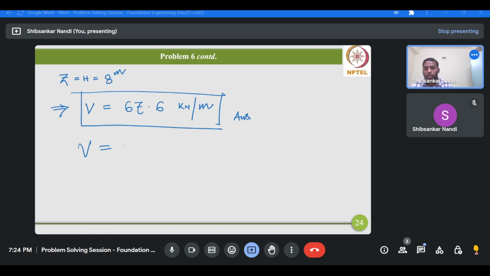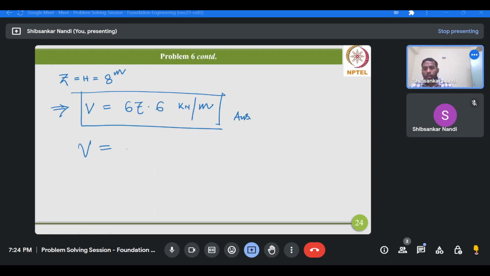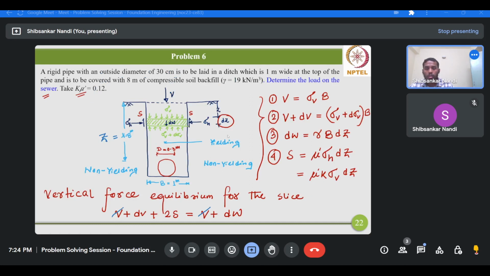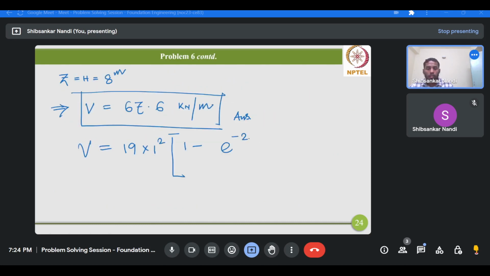If you substitute, the gamma value is given as 19, then b is 1, square, 1 minus e to the power minus 2 into 0.2, into, this is 2K mu, multiplied by z by b, z is your 8 by 1, divided by 0.12.